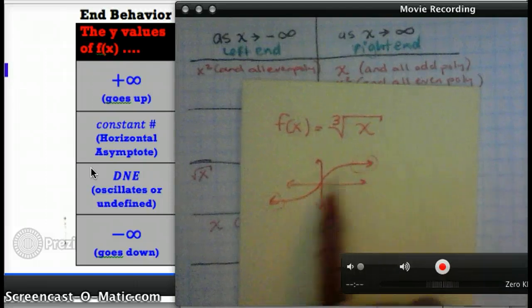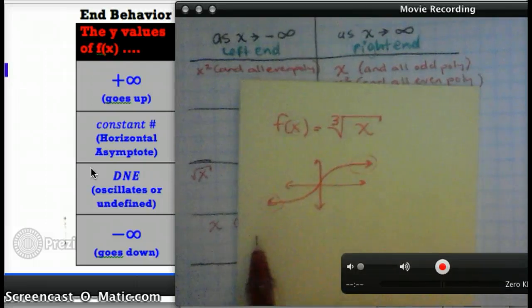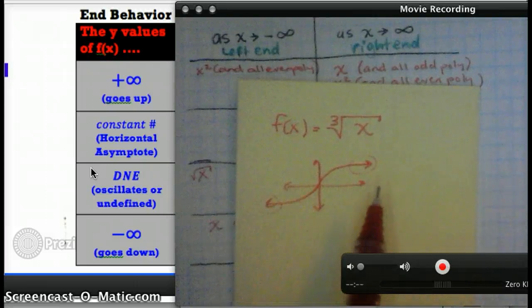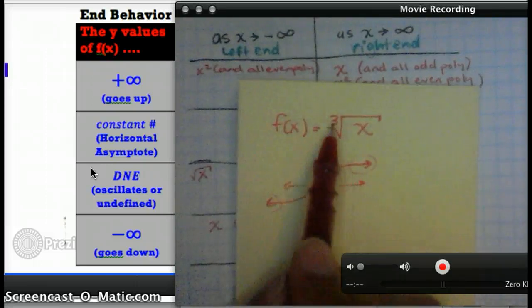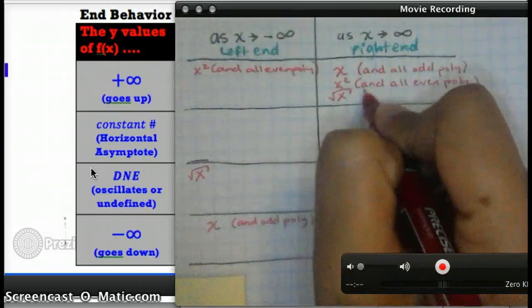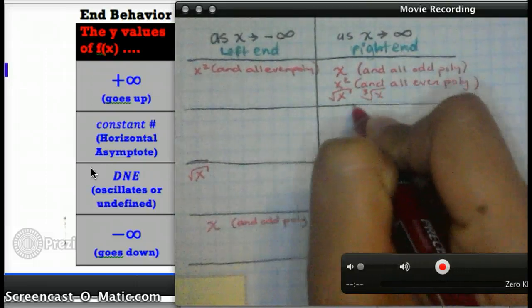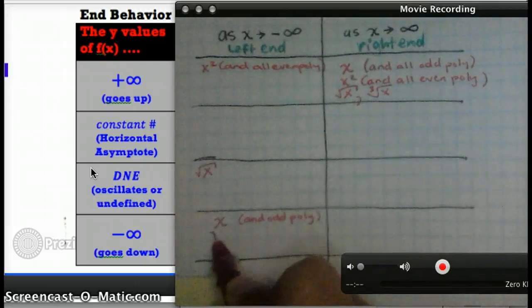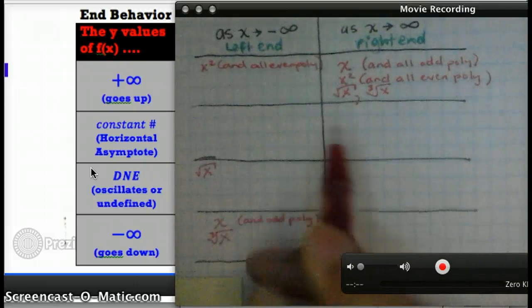This one travels up and this one travels down forever. And that's something that you just have to know because the graph might not always really look that way. But if it's a cube root function, the right end behavior is going to go to infinity, and the left end behavior is going to go to negative infinity.